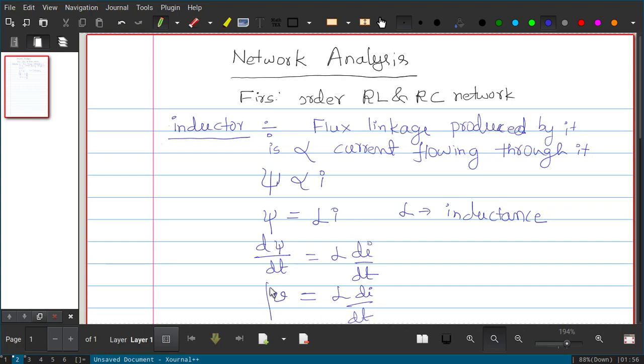So this is the relationship between voltage and current in an inductor. The voltage generated across an inductor is equal to L times the rate of change of current. Okay, so that is V equal to L di by dt.